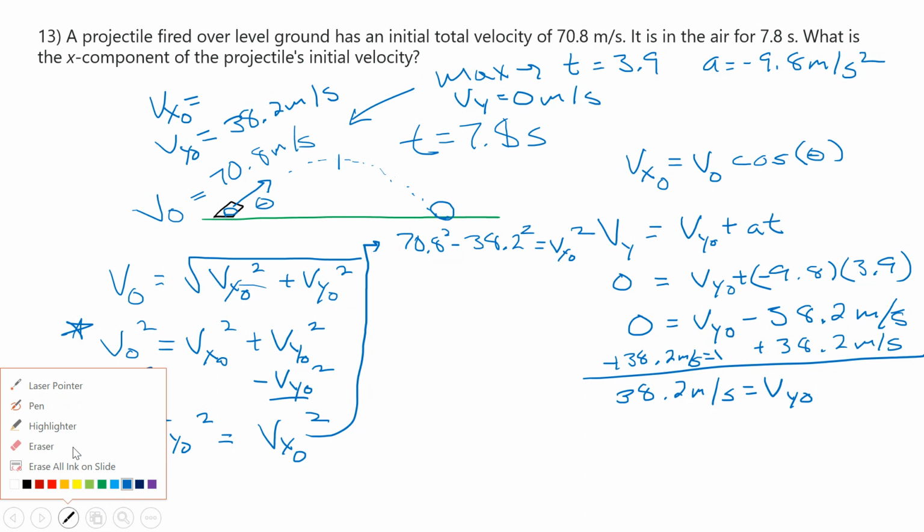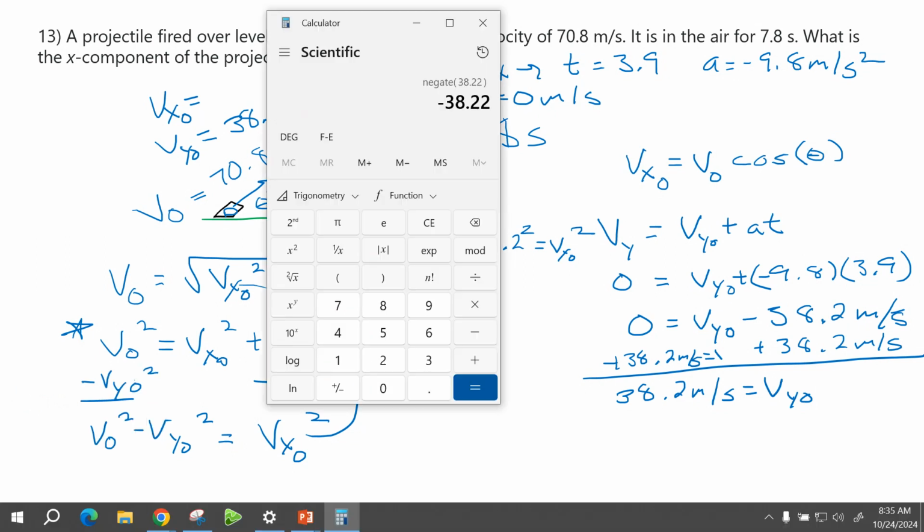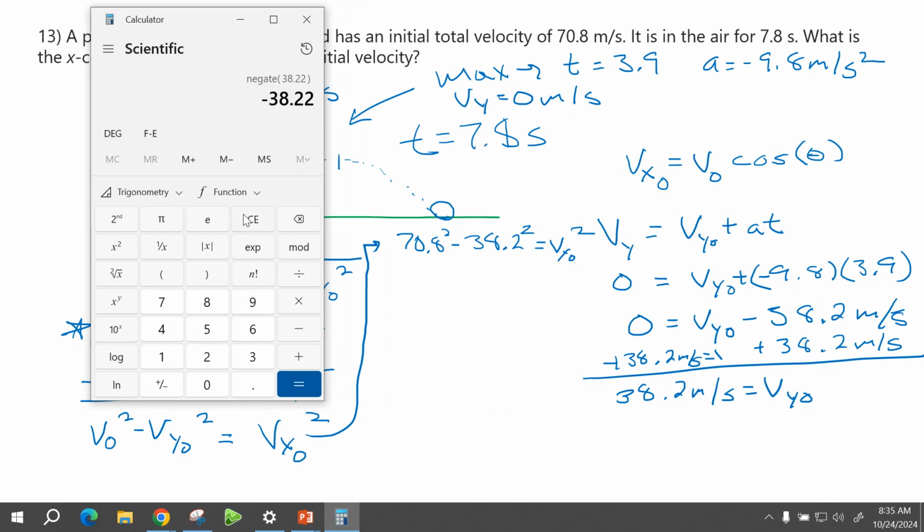So we're going to use the calculator, and I'm going to say 70.8. Oh wait, I got to do the parentheses, don't I? So I got to do this 70.8 squared plus, no, not plus, minus.